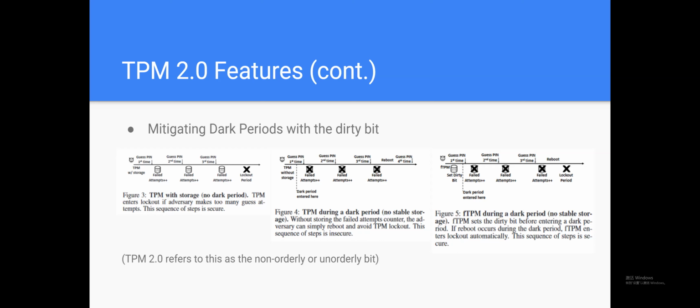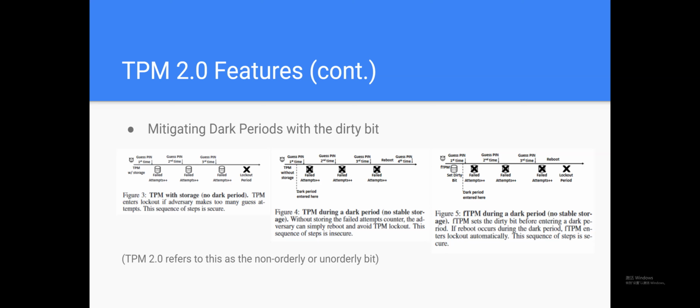And then finally, on the right, that is the FTPM implementation. So this has the dirty bit, which in TPM 2.0 has been referred to as the non-orderly or unorderly bit. Before the dark period is entered, the FTPM sets the dirty bit.